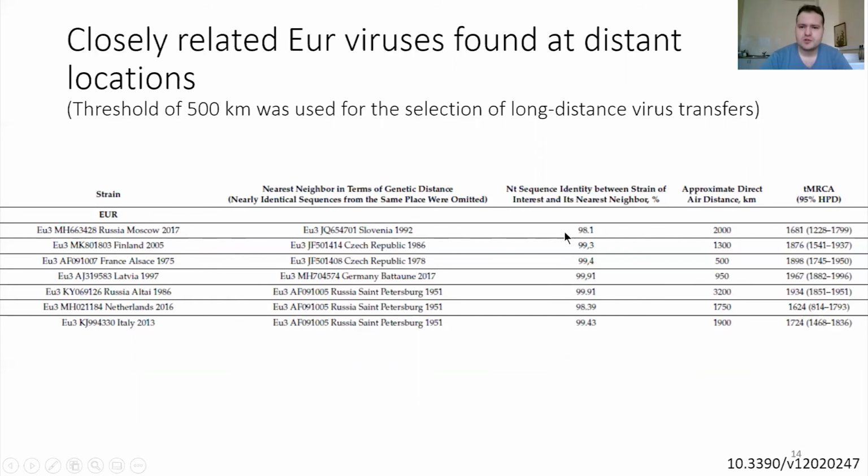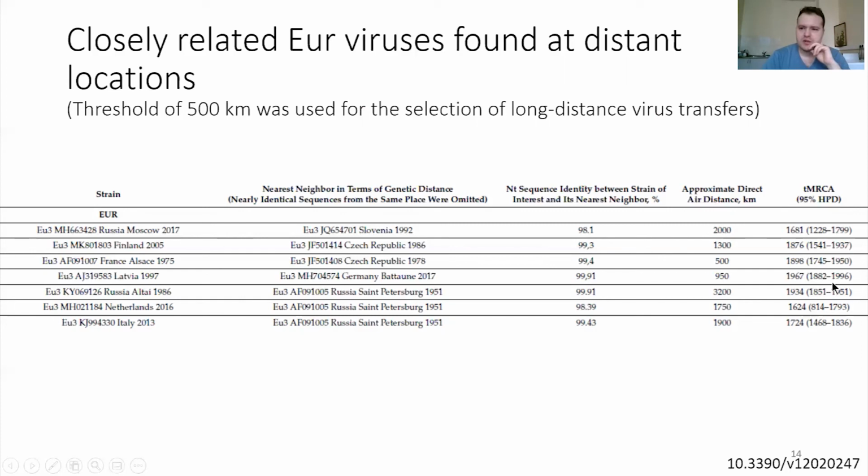And the closest one, according to the Bayesian phylogenetic tree, was isolated in Slovenia approximately 20 years ago. There is approximately 2% identity difference. It means for these viruses that the most recent common ancestor existed many years ago, but the approximate direct distance between Moscow and Slovenia is approximately 2,000 kilometers.